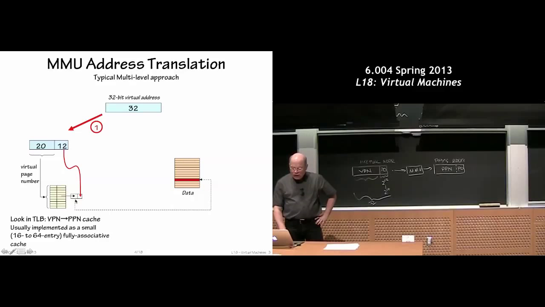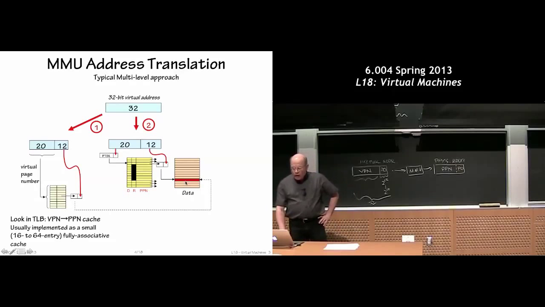And if we have the physical page number, then we can quickly come up with the information we need to complete the address. So we combine the physical page number with a page offset. We know exactly where to look in main memory, or in fact, typically in the cache first, and then if we miss in that, we go off to main memory. If we don't have the information we need in the translation look-aside buffer, we have the slightly more time-consuming process of using the virtual page number as an offset into a table that's typically stored in actual main memory.